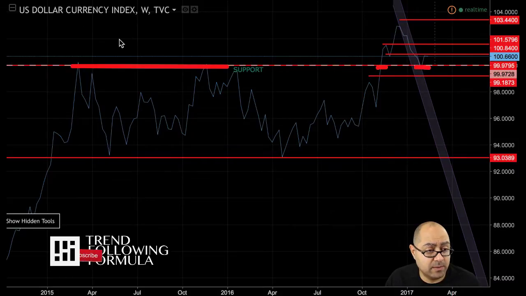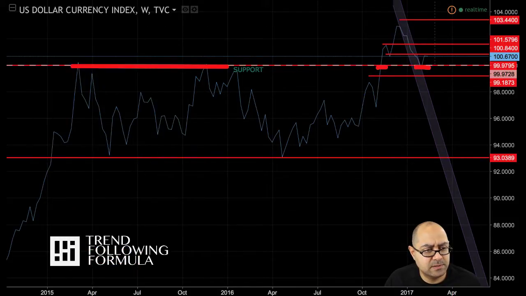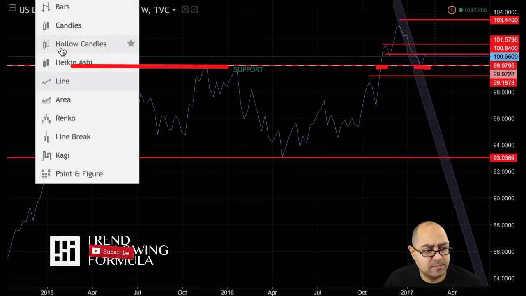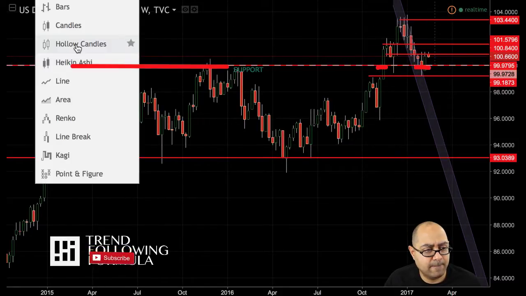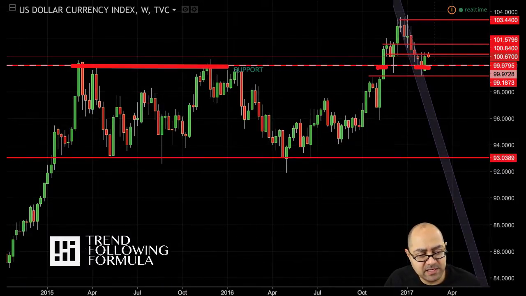It seems that it worked. Why? Because on the weekly line chart here, the market hasn't really closed below this 100 level. And on the other hand, it created this bullish engulfing pattern, which is very significant.